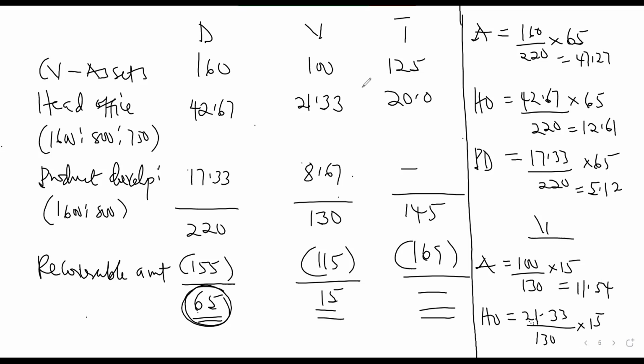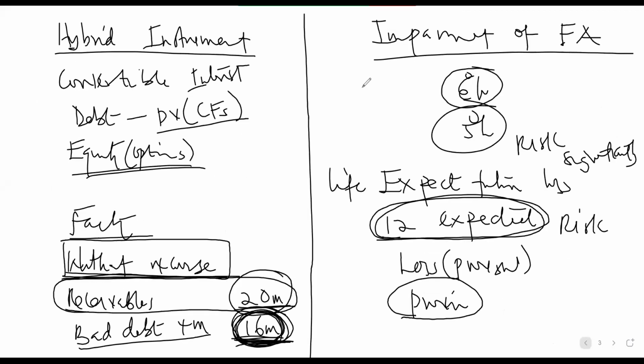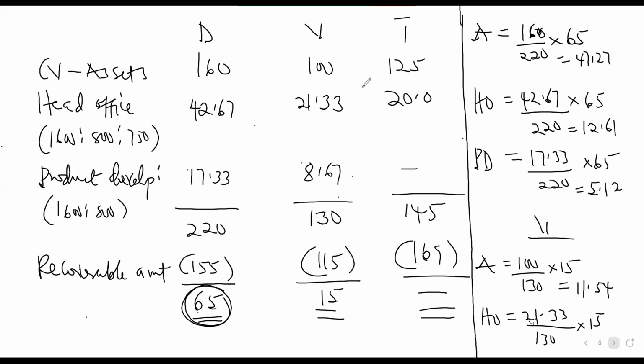I was confused about this. How did you get this proportion, 1,600 to 800 to 750?